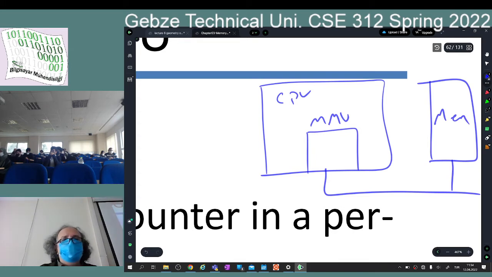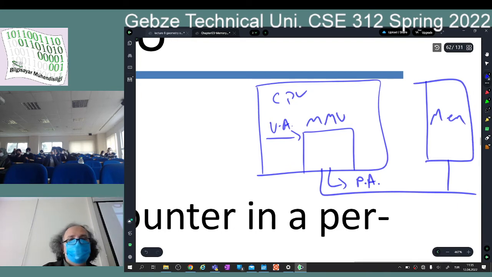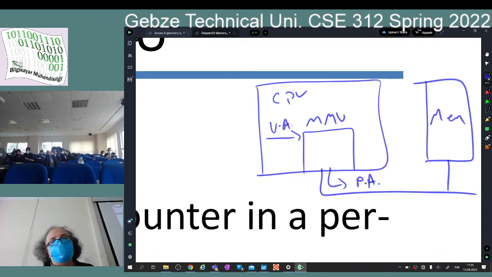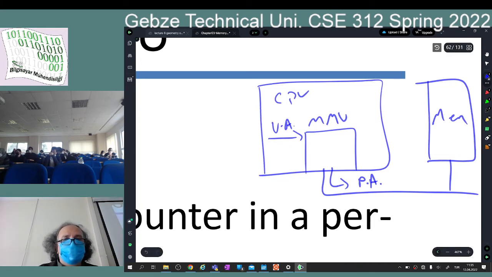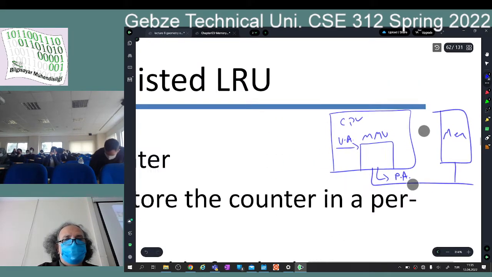So every time I produce a virtual address, this virtual address is translated into a physical address by this MMU. Every time I make a memory reference, this MMU comes into play, makes this translation for me, and produces this physical address.